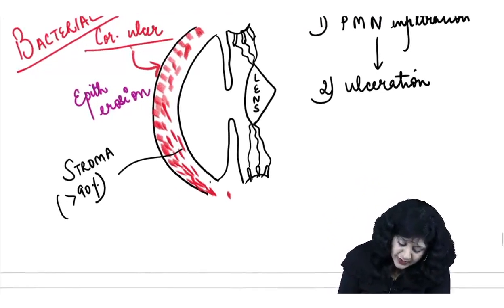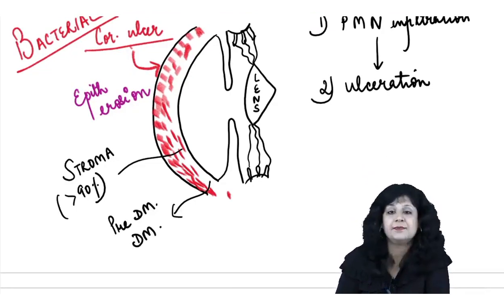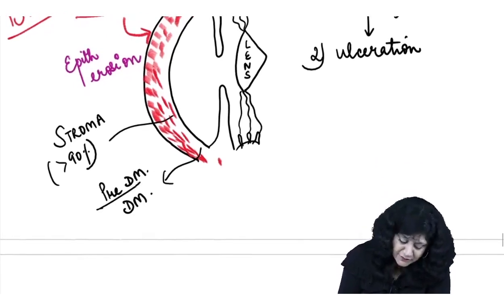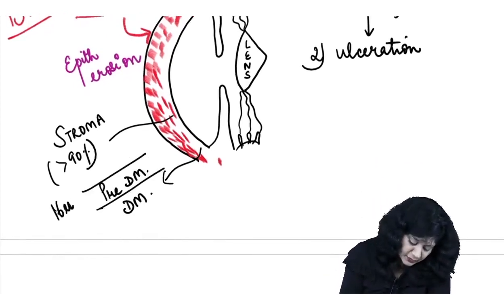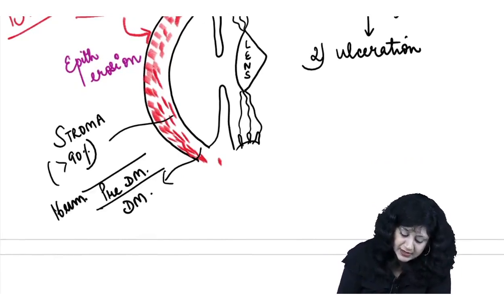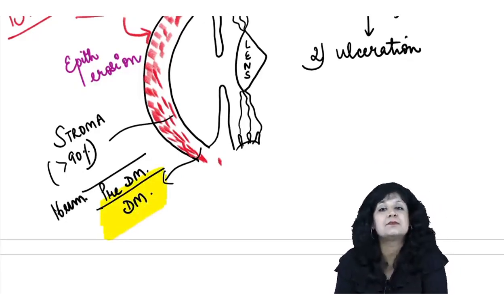Now next what you are getting is your pre-Descemet's membrane and your Descemet's membrane. Okay, now this is a very thin layer, newly discovered, 16 micron. So here we are concerned about this Descemet's membrane.